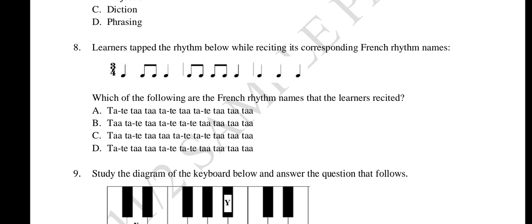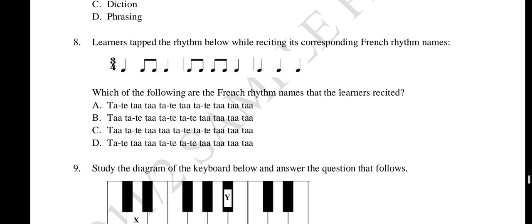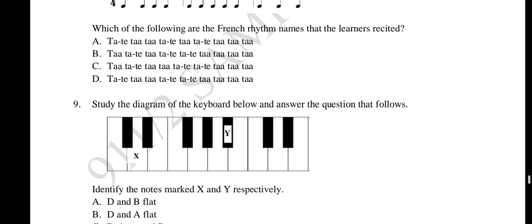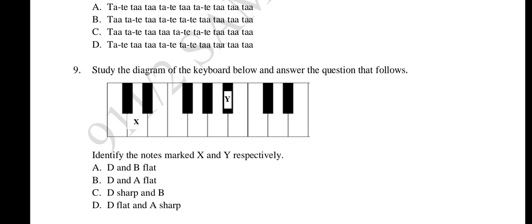Then the last one is ta, ta, ta. C is wrong, so let's start with B. Ta, tate, ta, then tate, tate, ta, ta, ta, ta. The correct answer is B.